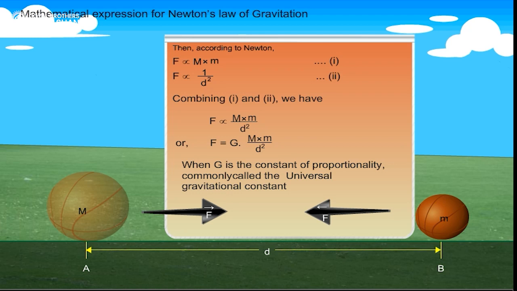It has been found that the value of gravitational constant does not depend upon the masses of the bodies, the distance between the bodies, or the medium between the bodies. The formula for gravitational force is applicable anywhere in the universe.